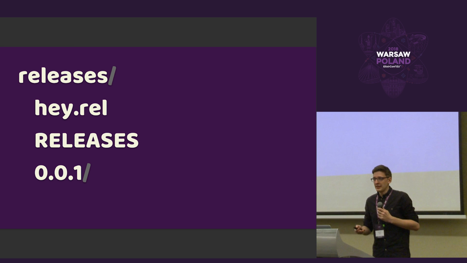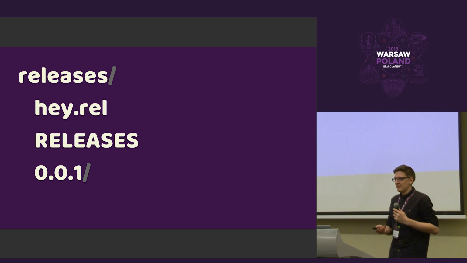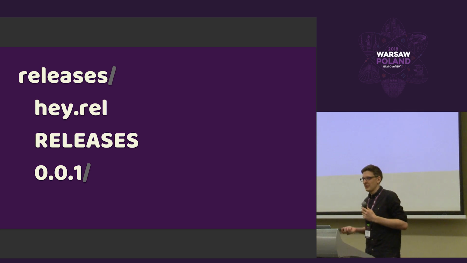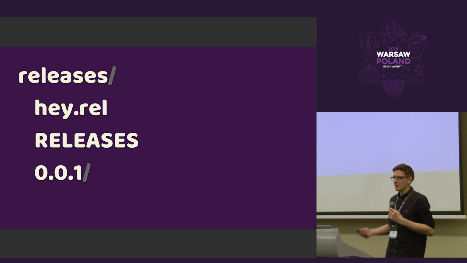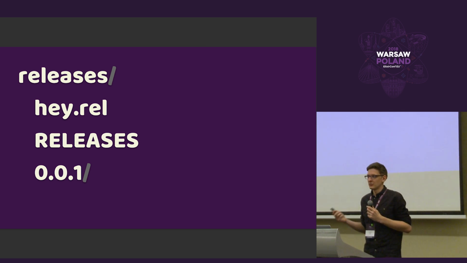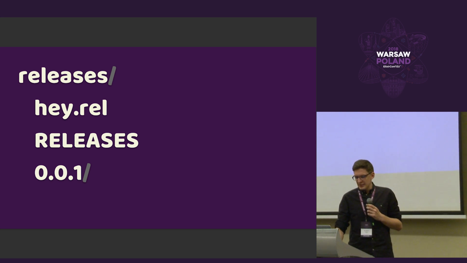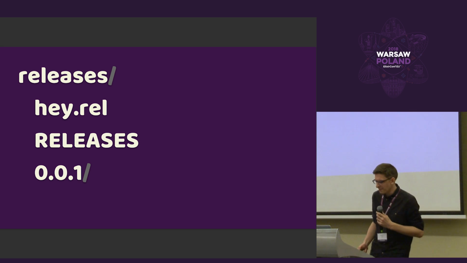So right now we're looking at sort of an initial release package. There's obviously only going to be that same metadata about that release inside that RELEASES file. But remember, this is going to be extracted somewhere, and then it's going to stay there forever. And when you install a new release, the release handler is going to modify that RELEASES file and tell you what's installed and which one of these is current. So then there's that other 001 directory.